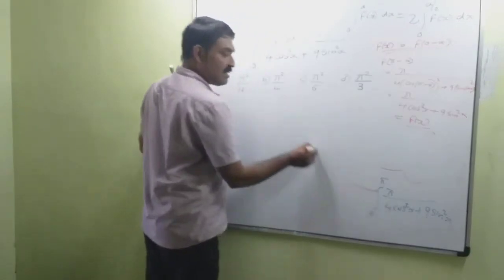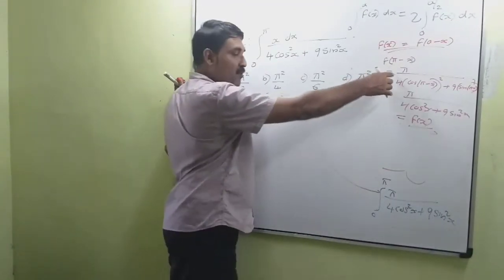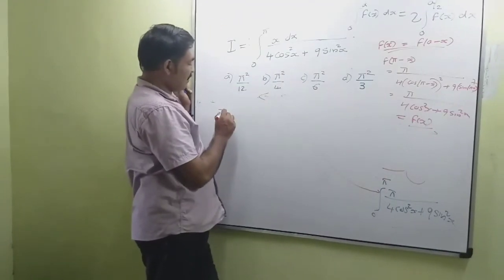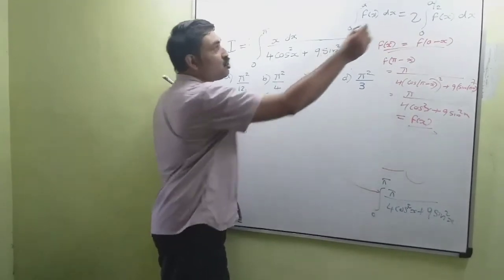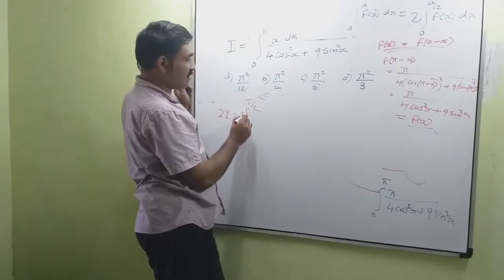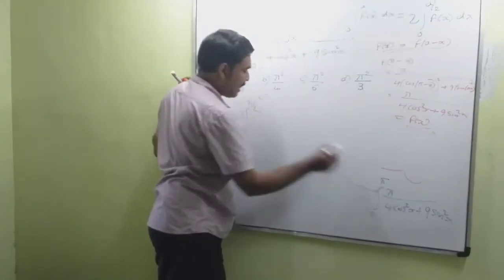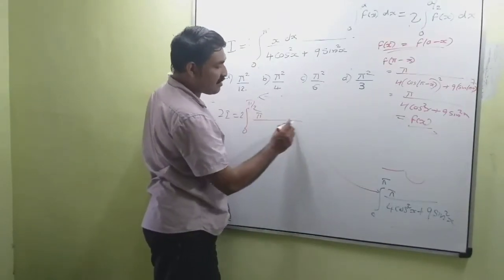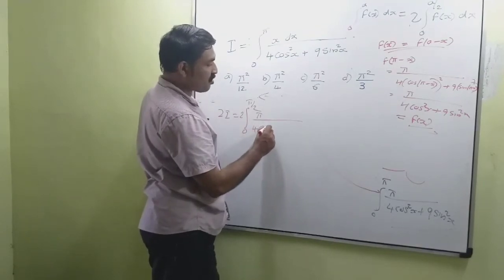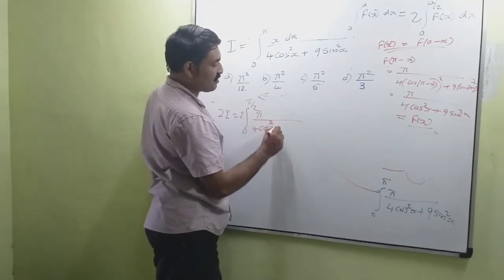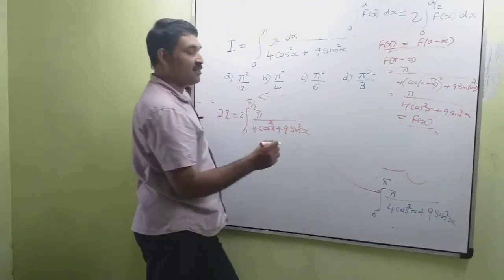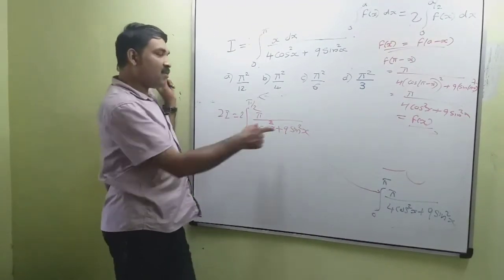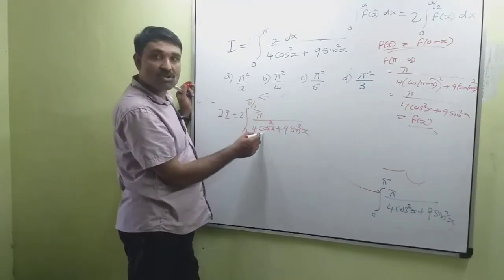We can write this term, by using this property, as 2I is equal to 2 times the integral from 0 to pi by 2 of pi divided by 4 cos square x plus 9 sin square x. Okay, now I am dividing this expression by cos square x.